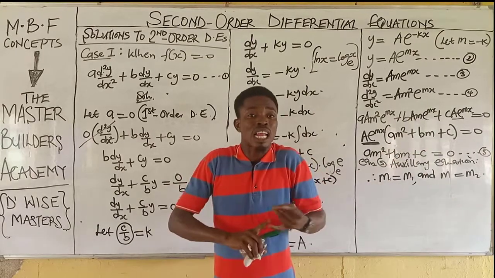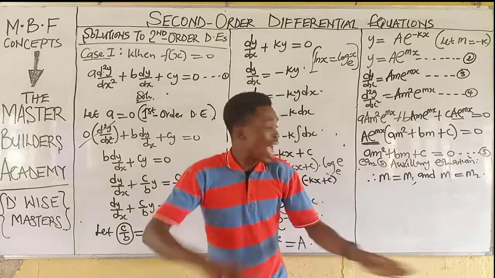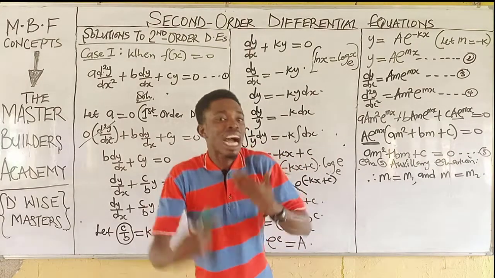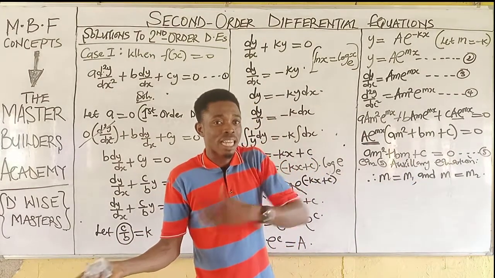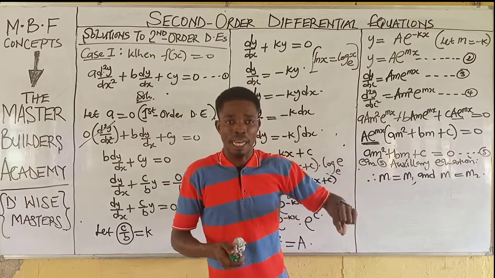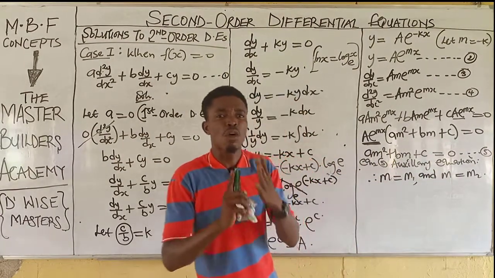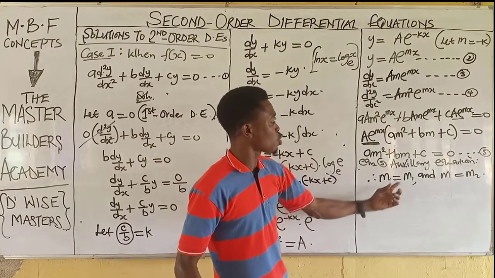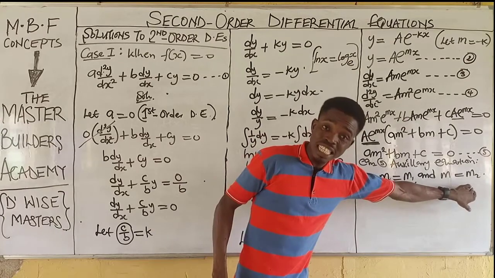Now, this is where the conditions come: when the two m's are equal, when the two m's are different, and when maybe one is complex and the other is a rational number. But understand that for every quadratic equation, you have two roots. So if I solve for m here, I'm going to have m1 and m2. These are the two results.